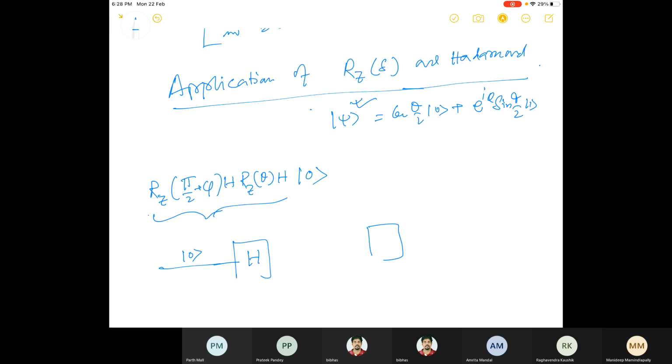First apply H, then apply RZ theta. Again apply H, and again apply RZ(pi/2 + phi). Then you'll see the output is actually psi. So theoretically speaking, any qubit state is always possible to create. That is not a problem.